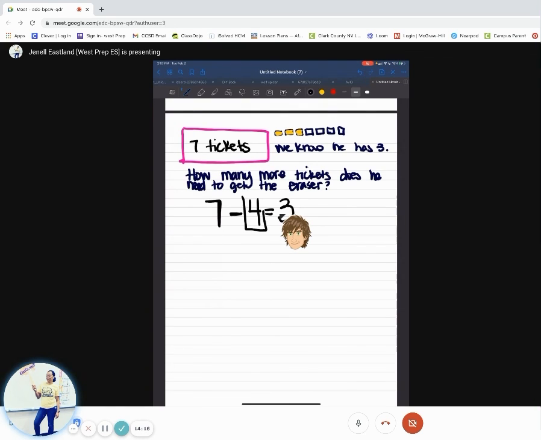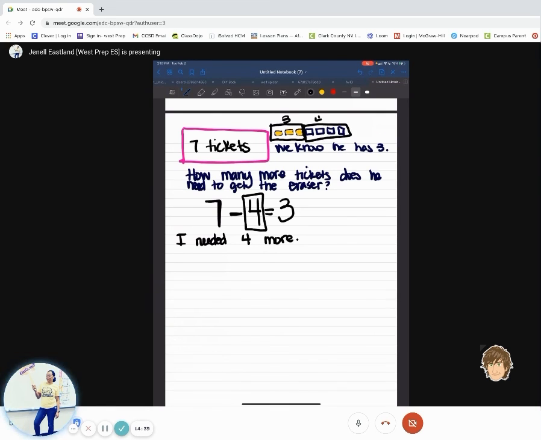3 would have been my missing number because that was the number I was looking for. How many more tickets I needed? I needed 4 more. Now, some of you guys wanted to start with addition, and that's fine. But if we're doing addition, then we're using our parts. We have a part of 3 here and a part of 4 here.